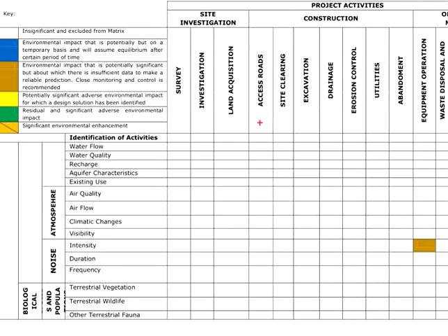Then the relevant information can be incorporated within the definitions of different indications. For example here, close monitoring and control is recommended. A design solution has been identified.